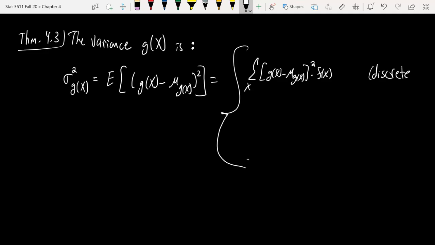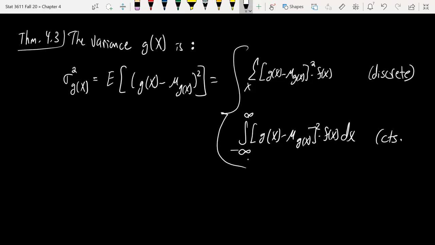In the continuous sense, naturally, same thing, but we replace the summation with integration. Integrate g of x minus its mean, squared distances, times f of x dx. That is the continuous case, of course.